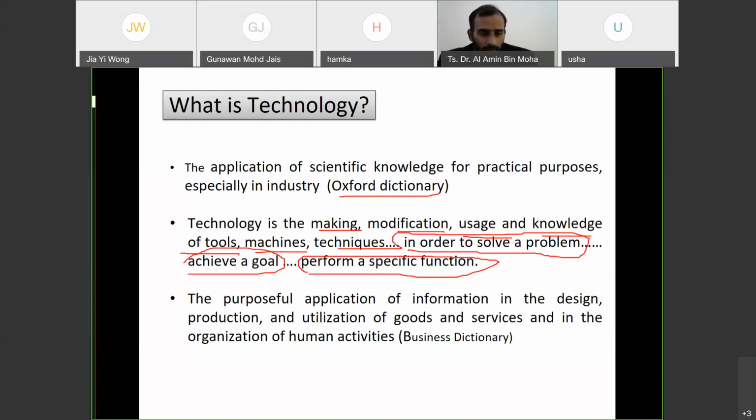We can also say it's the purposeful application of information in the design, production, and utilization of goods and services, and in the organization of human activities. So this is based on the business dictionary. Okay. So whatever it is, technology is an application of existing knowledge, through research and findings, that makes human life easier.